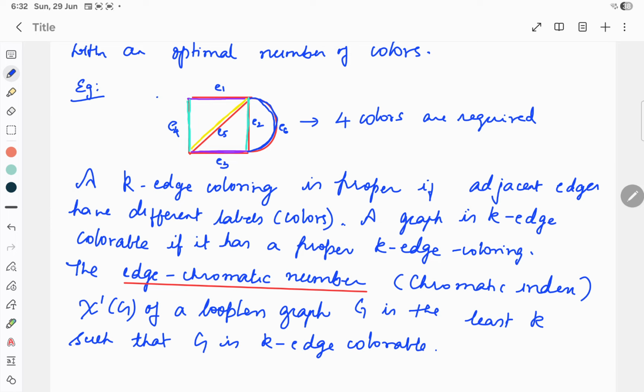I can also use 5 different colors to color this graph, which becomes a proper edge coloring. But I can also use only 4 colors to color this graph. So the minimum number of colors used is 4 here. Hence it is 4 edge colorable, right? So chi dash of G in this case will be 4.